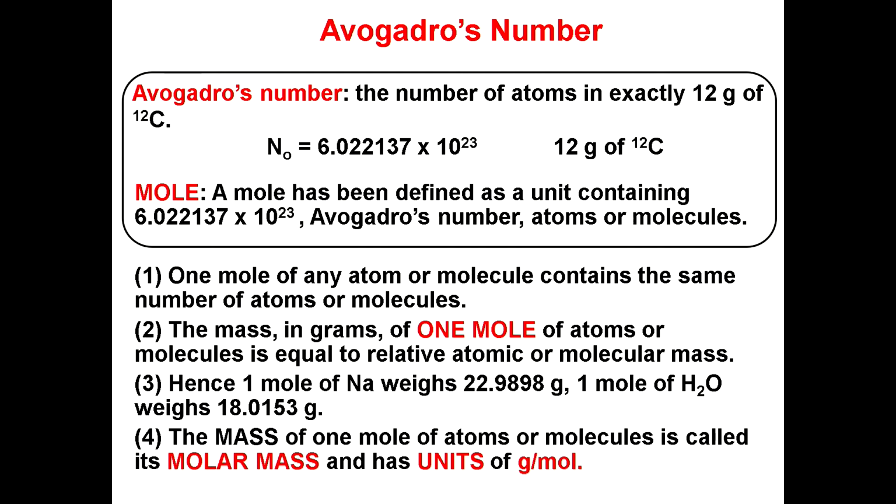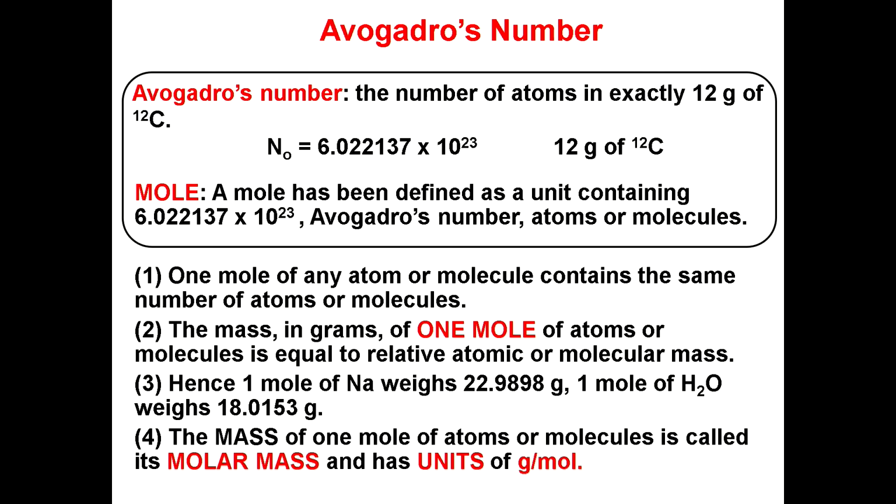The unit is gram per mole. For 1 atom or 1 molecule, it has molecular mass, and the unit is gram per mole.